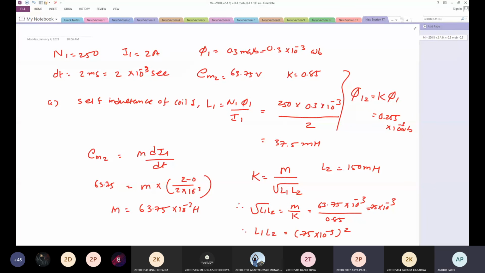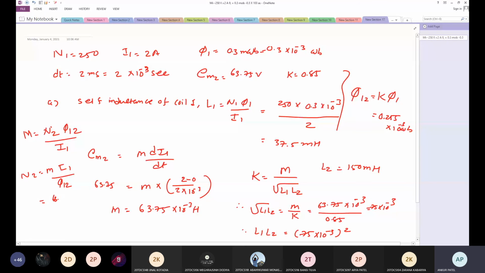Very good. M is equal to N2 Phi12 by I1. So N2 is equal to M I1 by Phi12.